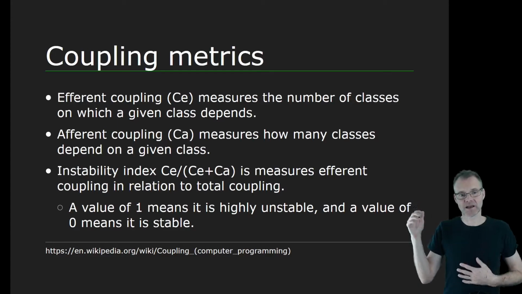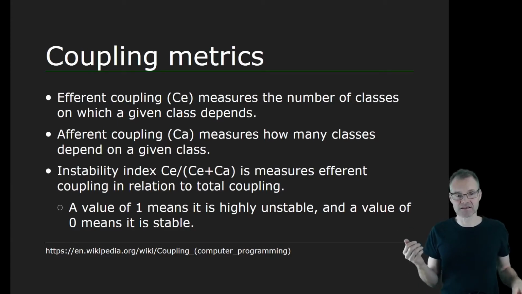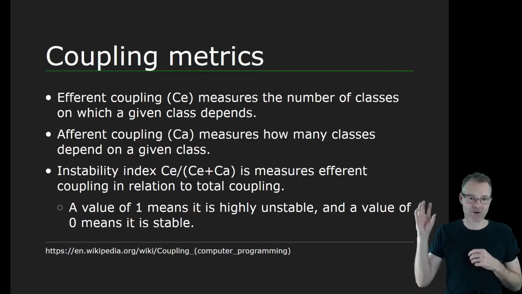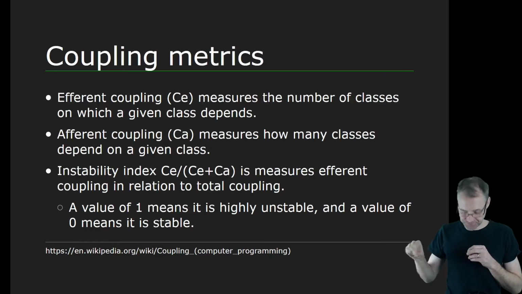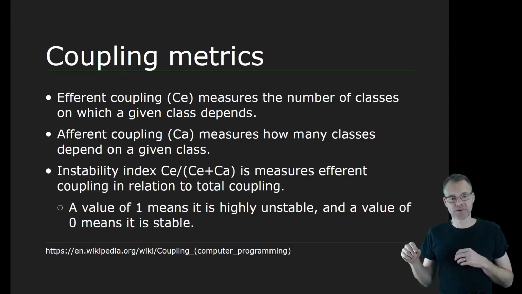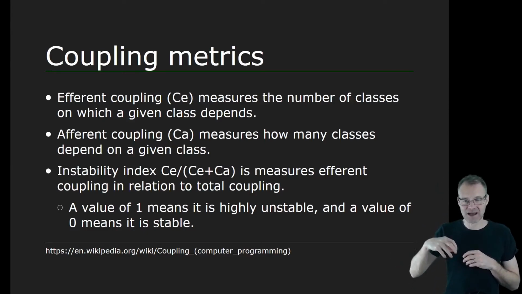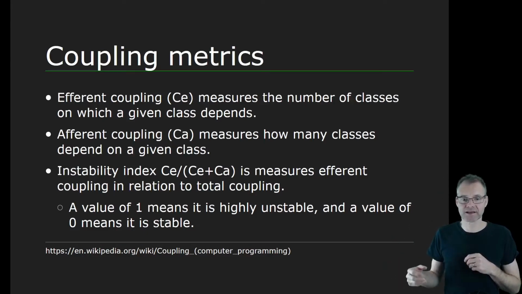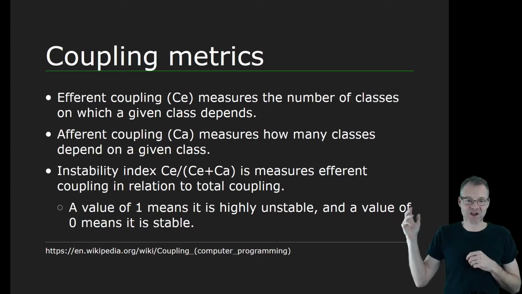A general way of calculating this coupling is the instability index, and that only takes into account the outgoing coupling. So how many modules am I dependent on? When we have a high number of outgoing dependencies, it's trying to reach almost up to the value of 1.